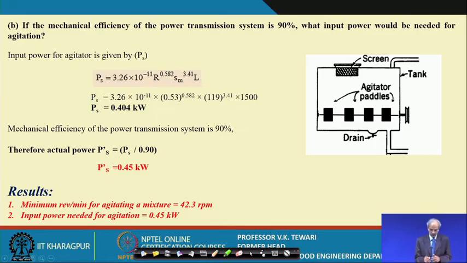If the mechanical efficiency of the power transmission is 90%, what is the input power? Well, the formula for input power of an agitator is also given to you. You can use R, Sm and L. Sm you have got already, R you have got already, and L is given to you.